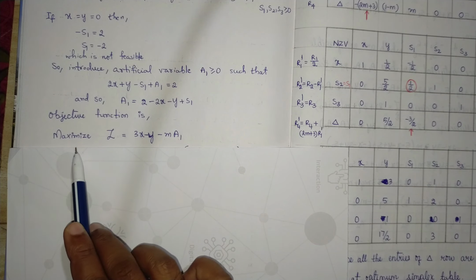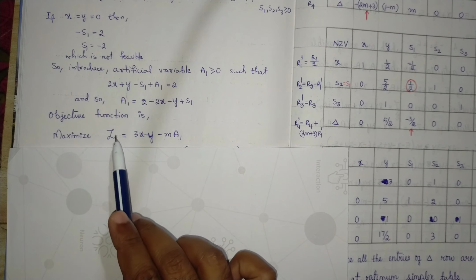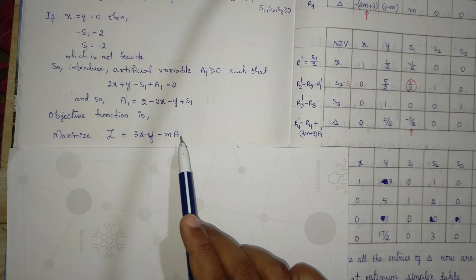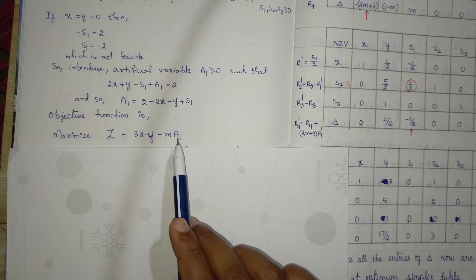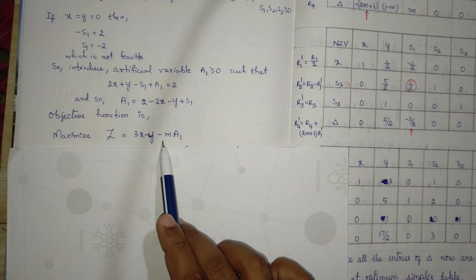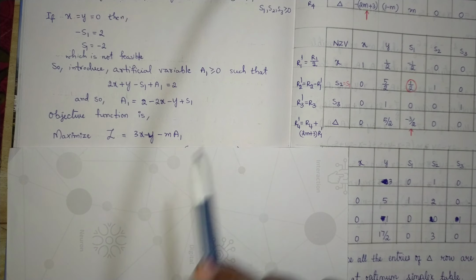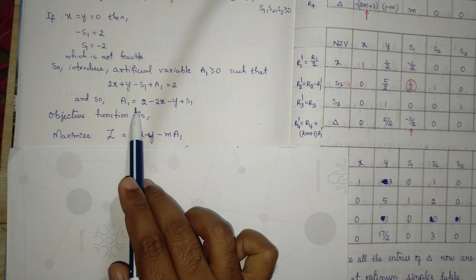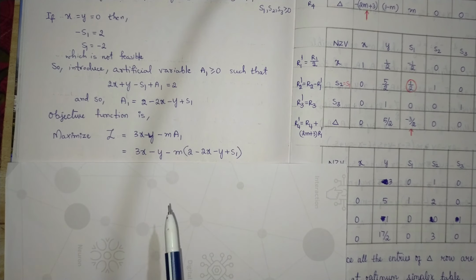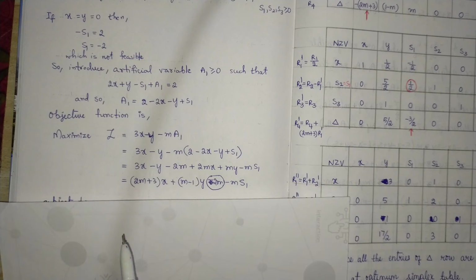For the maximization problem, we need to write z equals 3x minus y minus M times a1, where a1 is the artificial variable. If you use two artificial variables, then you need to write minus M times a1 plus a2. Now let us substitute the value of a1 from this equation. We have the value of a1 here. Let us substitute that.